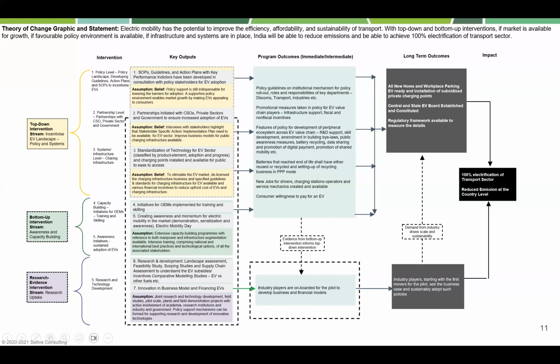Now, you see in the key output area, there are several outputs. But when I take a look at the immediate or intermediate outcome, you will only find policy guidelines on 3 and 4, where I specifically mentioned guidelines on institutional mechanism for policy rollout, and that roles and responsibilities of key departments are available already.